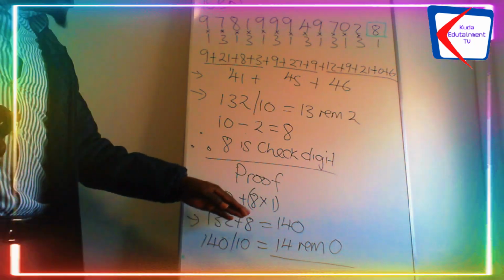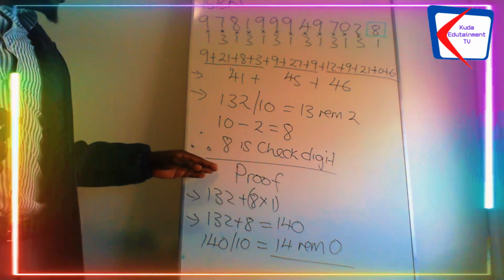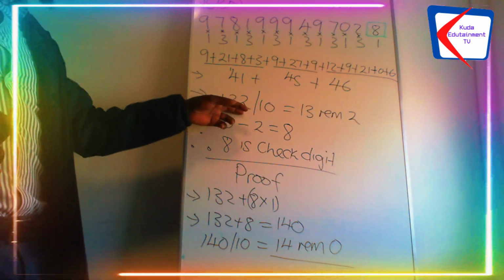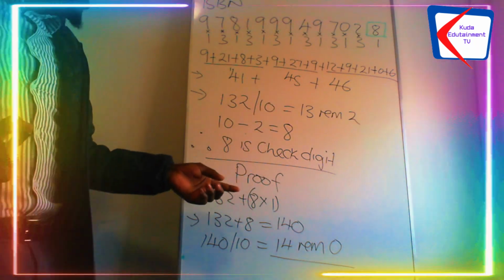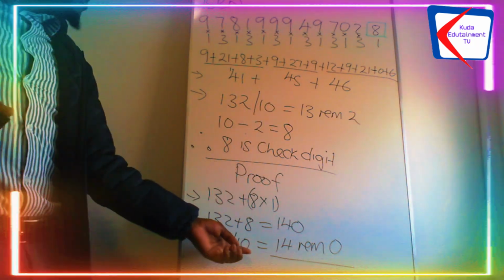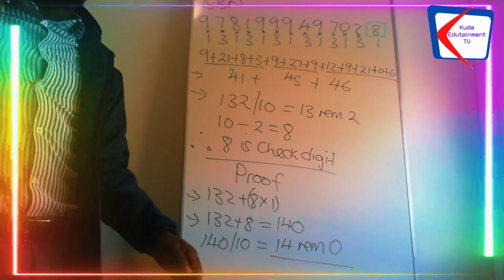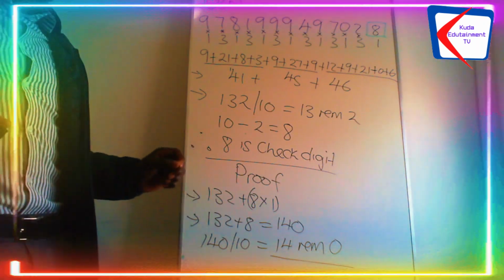In this case, our checksum value was 8, and the total of the products plus the product of 8 and 1 was 140. Then 140 divided by 10 is 14 remainder 0. Therefore, it means our checksum value is correct.